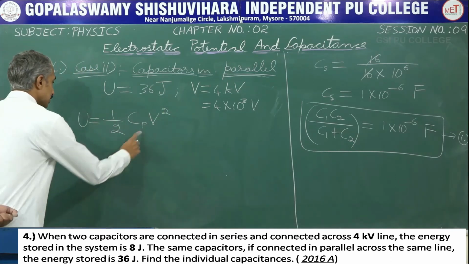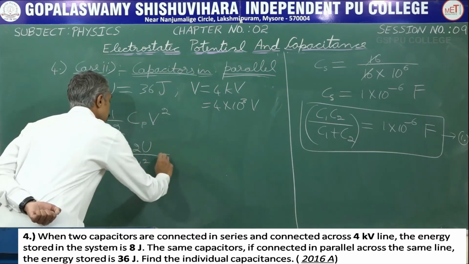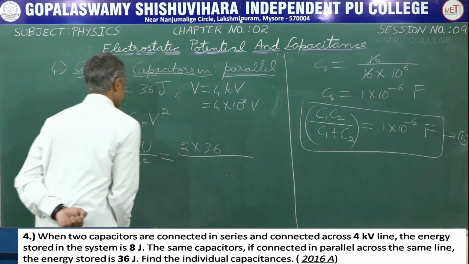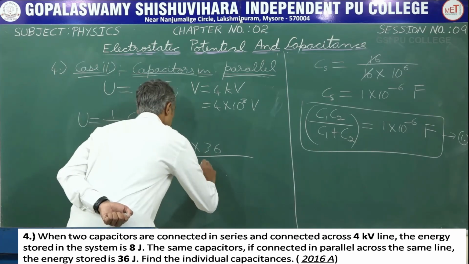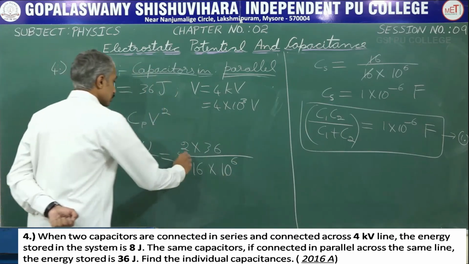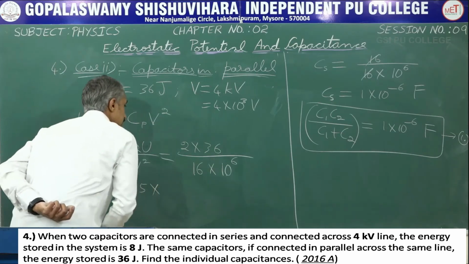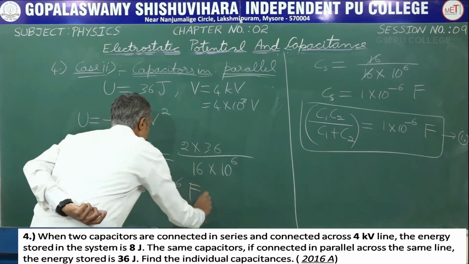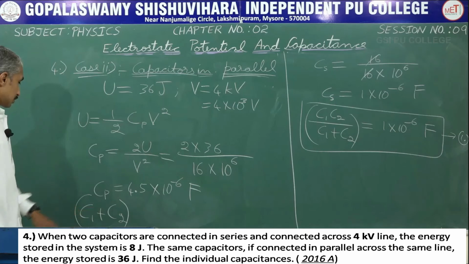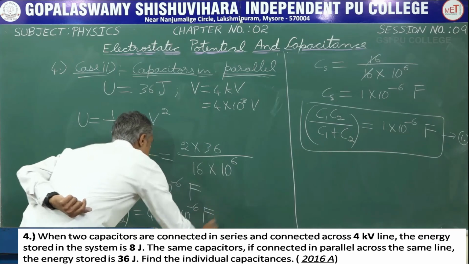Equivalent capacitance in parallel. Rearrange. We'll get this as 2U by V square. So 2 into 36 divided by 16 into 10 to the power of 6. So simplify this: 4.5 into 10 to the power of minus 6 farad. For capacitance in parallel, the equivalent capacitance Cp is given by C1 plus C2 is equal to 4.5 into 10 to the power of minus 6 farad.